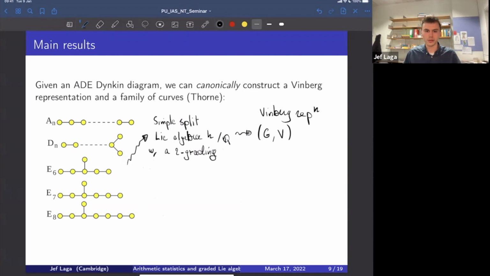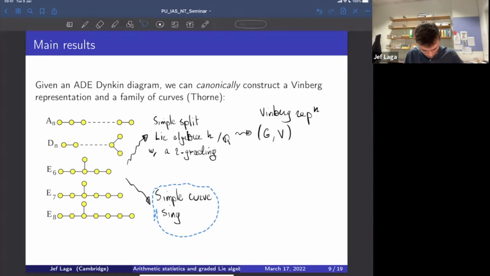The thing that will be relevant for us will be some notions from singularity theory and something that's called a simple singularity, and more precisely, a simple curve singularity.